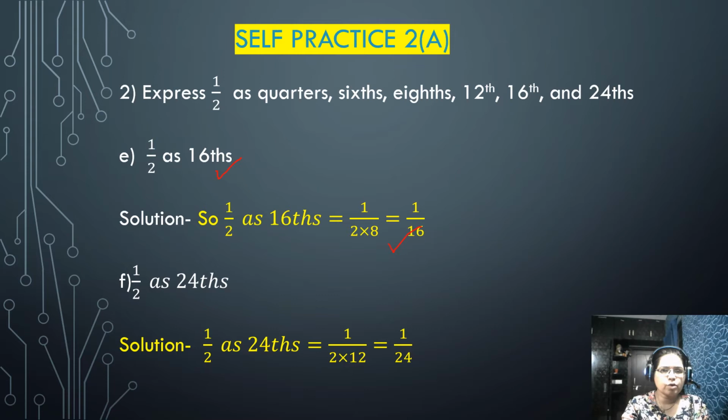We know 2 multiplied with 12 we get 24. So half in twenty-fourths equals 1 divided by 2 multiplied with 12, which is 1 divided by 24. So we have expressed half in sixteenths as 1 by 16, and in twenty-fourths as 1 by 24.